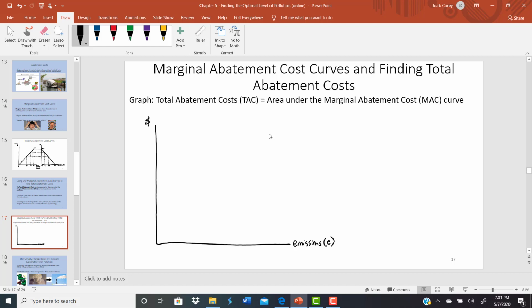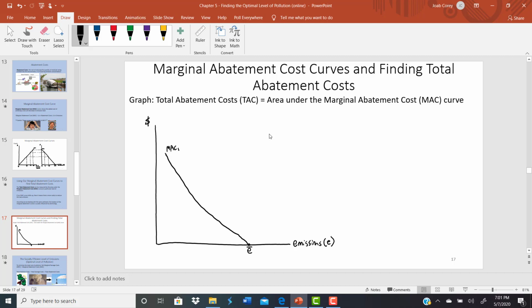There is a maximum number of emissions, which we're going to call E bar here. This is the most emissions possible. As we reduce emissions, our marginal abatement costs are going to increase, in this direction as we go from right to left. So we'll call this marginal abatement cost 1.